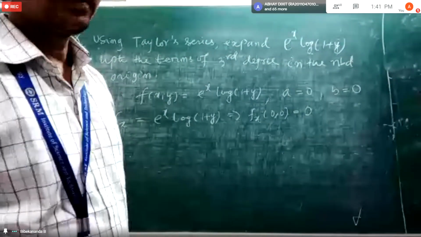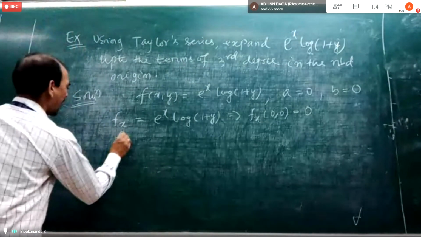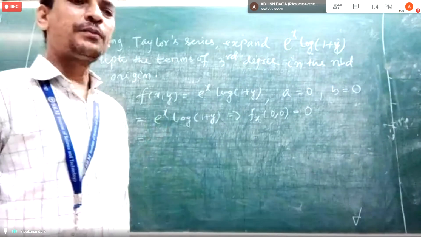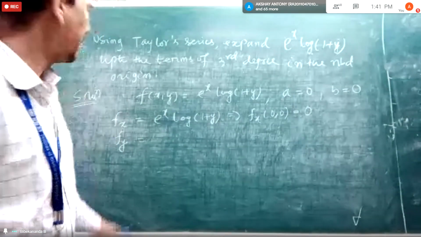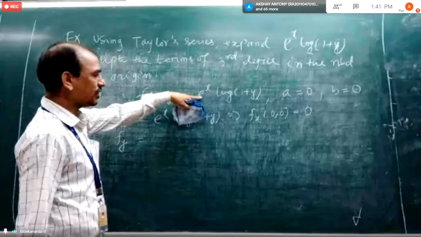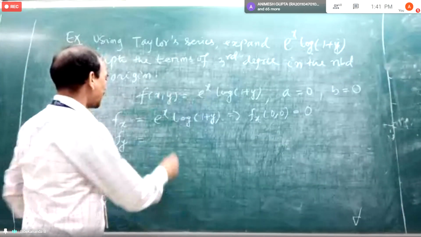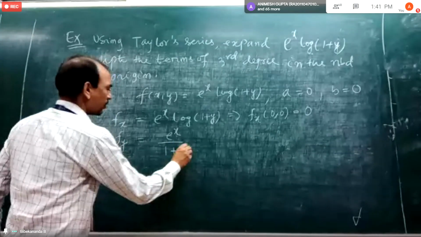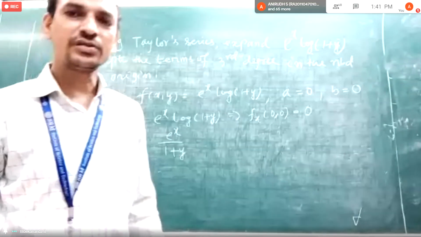Yes, sir. Then write fy. What is your fy? e to the power x by 1 plus y. While differentiating with respect to y, e to the power x will be constant, and then the thing will be 1 by 1 plus y.